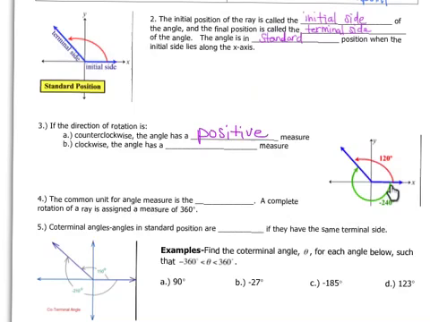If your angle of rotation is clockwise, so take a look up at the graphic here. So if this is our initial side and we are rotating clockwise, you can see that your angle will have a negative measure. So the red was the counterclockwise and the green was clockwise.